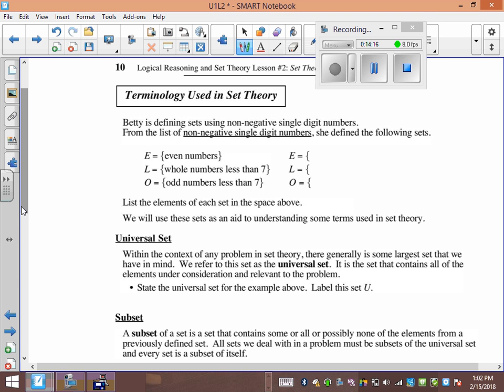So this is where we're going to use our terminology. So Betty is defining sets using non-negative single-digit numbers. And I'm going to use, just for ease, single-digit natural numbers. So what am I starting at? 1.